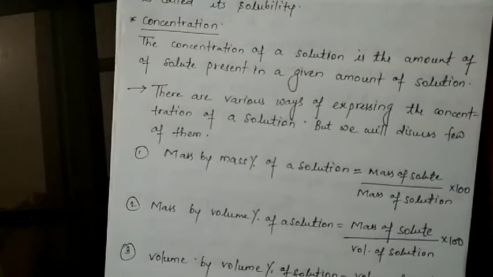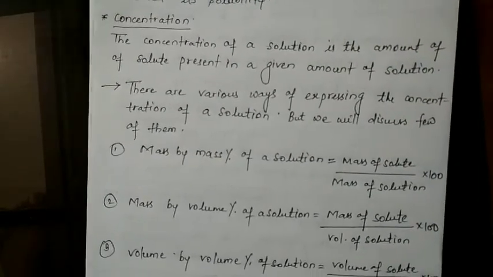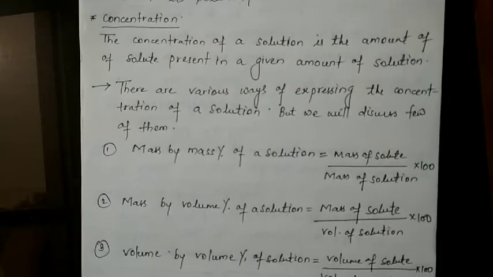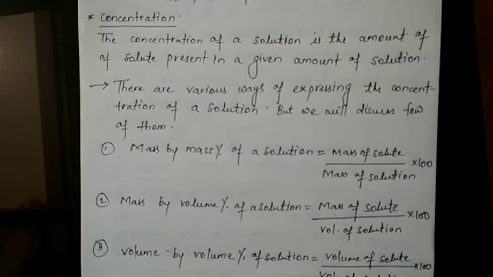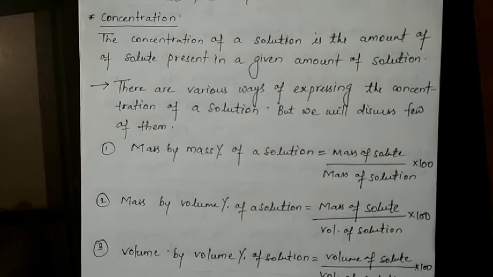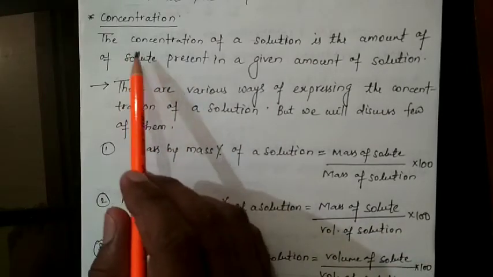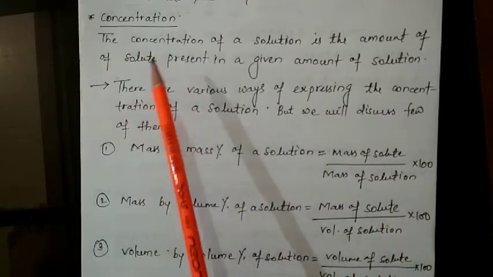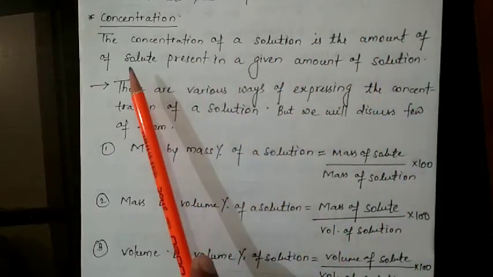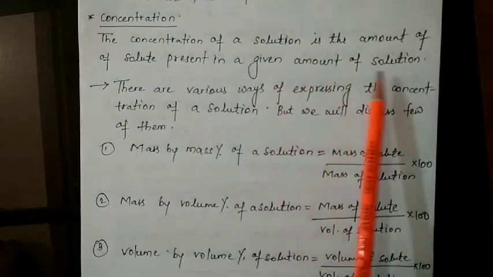Now, how is the concentration of solution given? As I discussed, what is this concentration of solution? Concentration of solution means the amount of solute present in a given amount of solution.